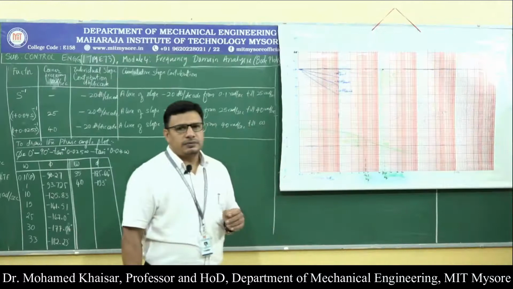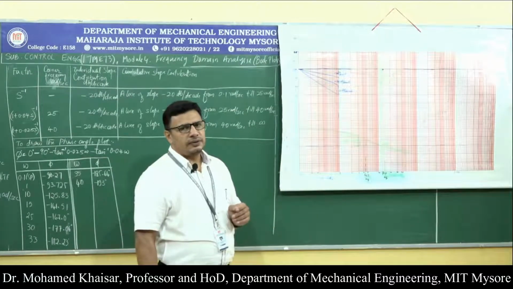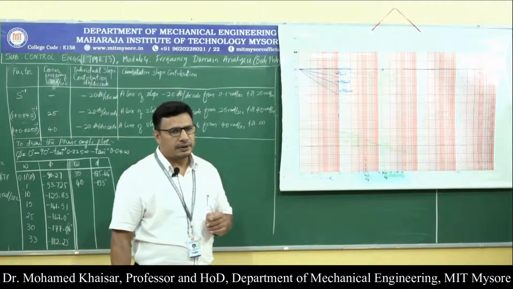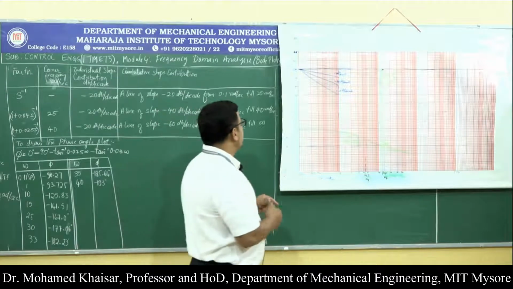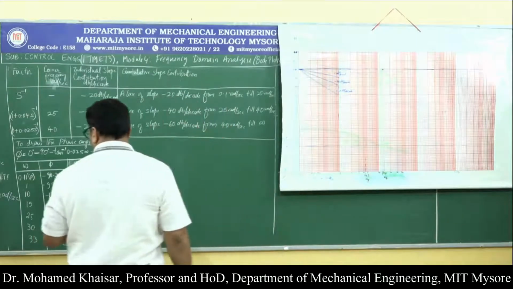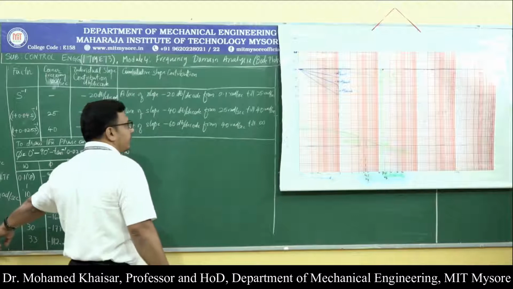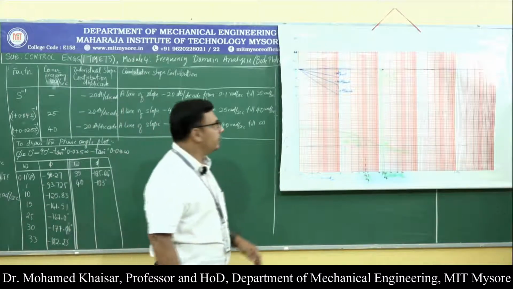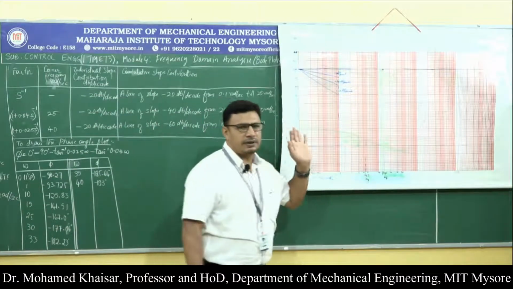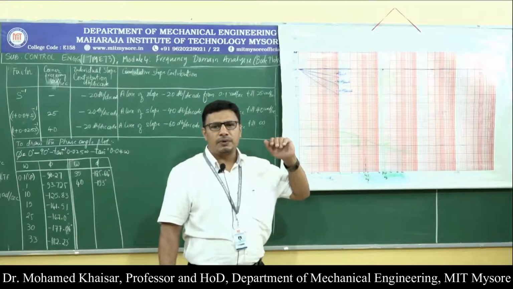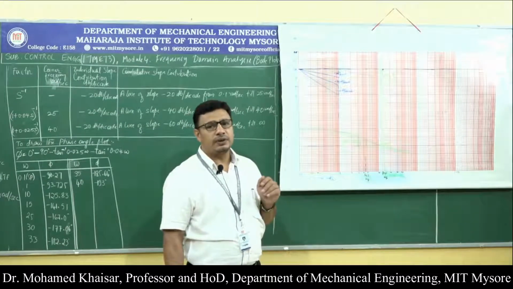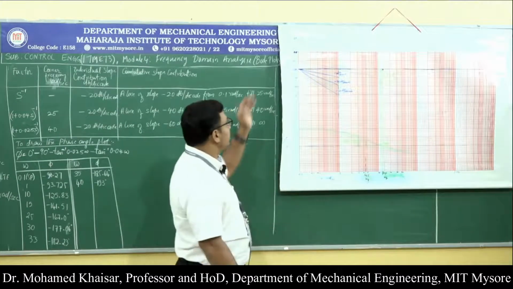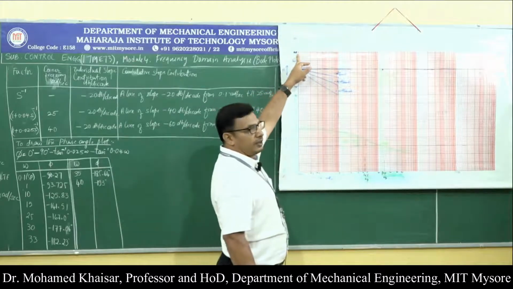Let us try to draw the magnitude versus frequency as well as phase angle versus frequency and complete the Bode diagrams. So, here the starting point, as we have assumed, is 20 decibels. That means the uppermost limit where the magnitude plot is to be started is 20 decibels. So, you can start from 20 decibels itself over here.